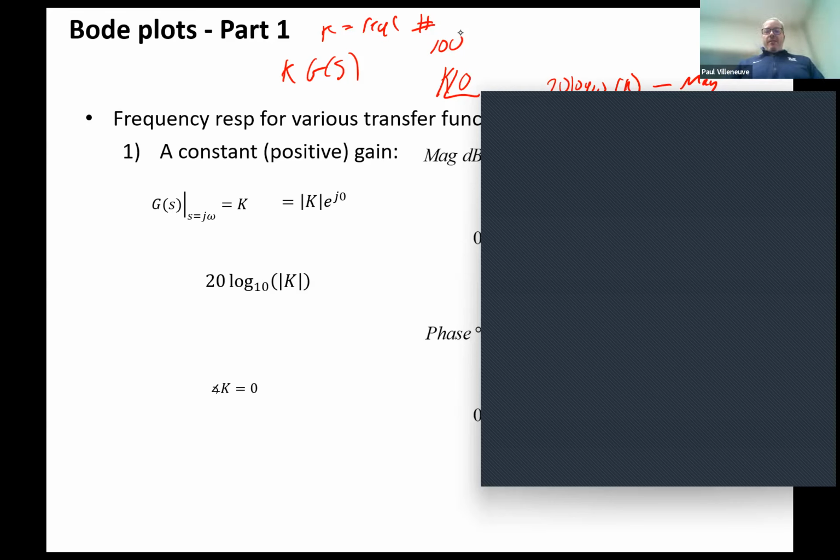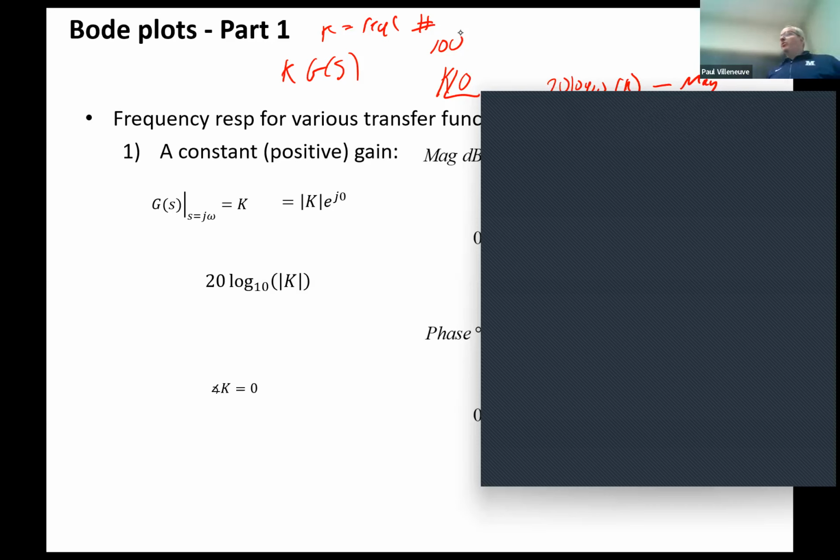So if I did my value of K equal to 1 divided by 100, and do this over again, what do you think is going to happen? It's going to decrease it by 40 dB. So multiplying by 0.01 has the opposite effect of multiplying by 100.